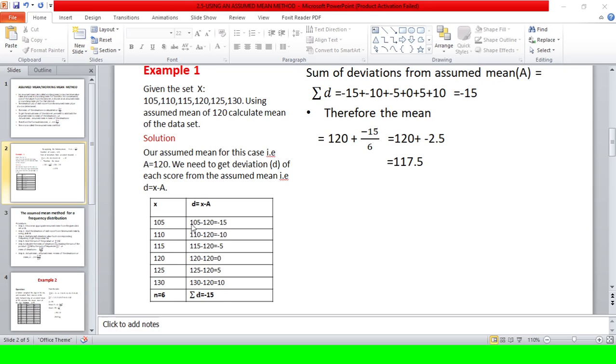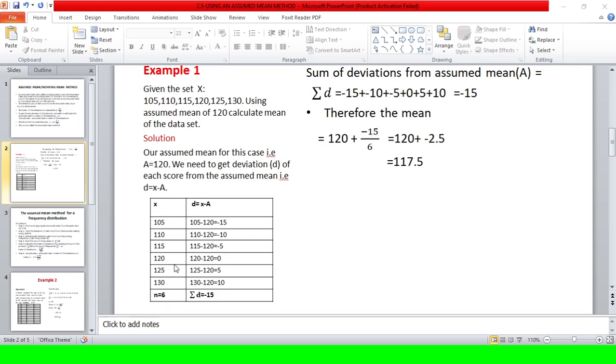So the first value here, 105. The x value is 105 minus the assumed mean 120 as indicated here, so equals negative 15. So the very important thing is that we say x minus A. We begin with x minus A. So the next value is 110 minus 120, which gives you negative 10. 115 minus 120 gives you negative 5.